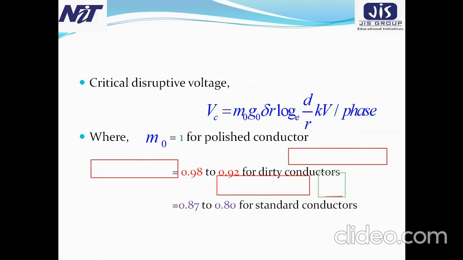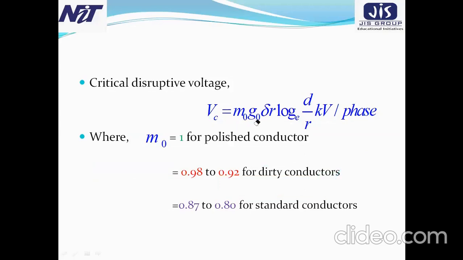So the new equation is Vc equals M0 G0 delta r log d by r to the base e kilovolt per phase, where M0 equals 1 for a polished conductor. Only this part, M0, is added here.